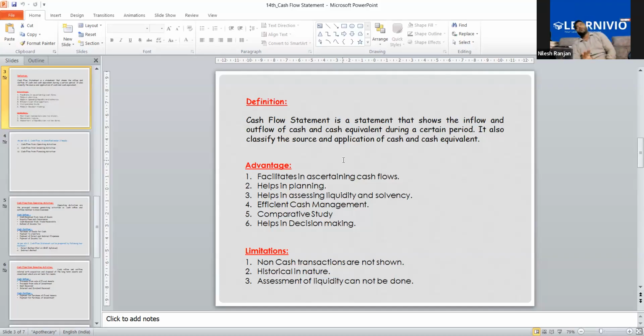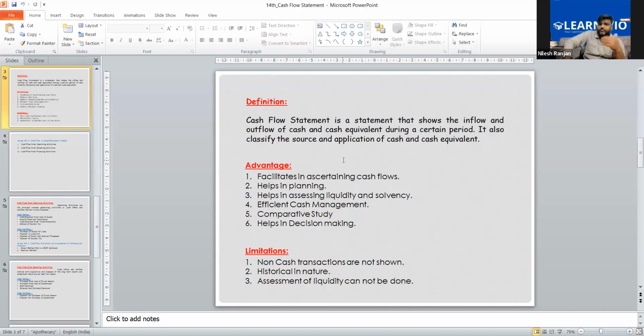Now, the time period we are taking is a year. So in a year, there are various inflows of cash like sales, commission received, sale of assets, any amount received from the government. So there can be various types of receipts.